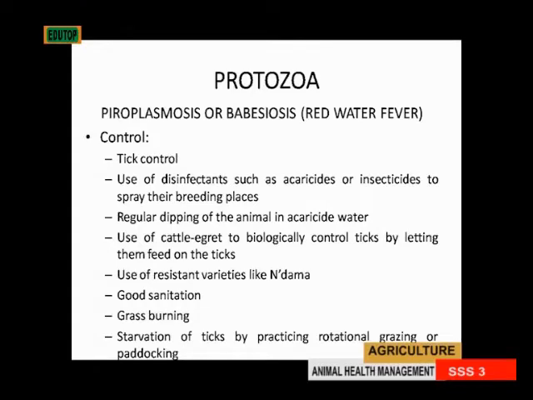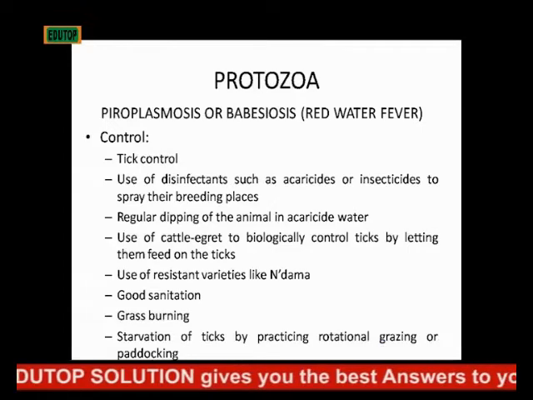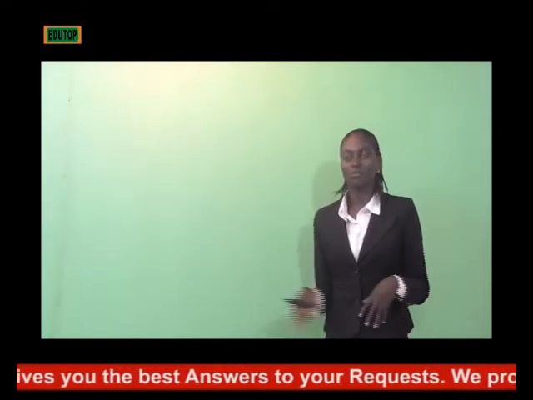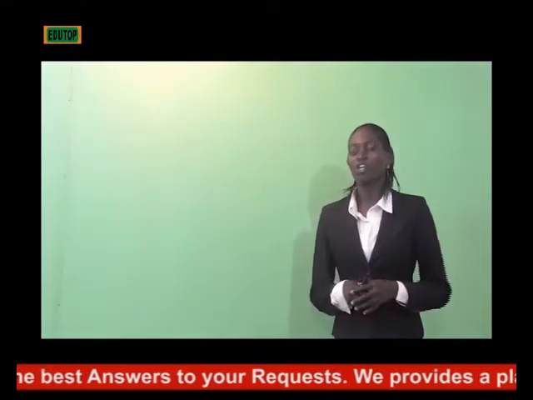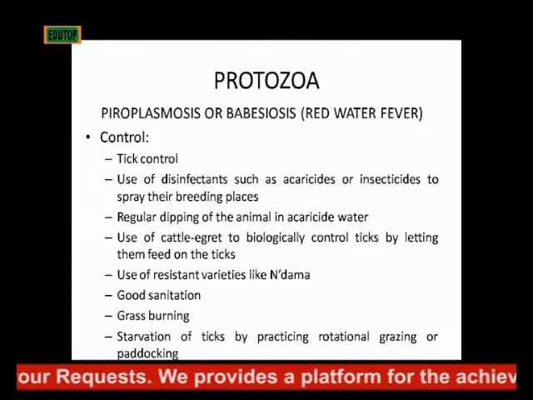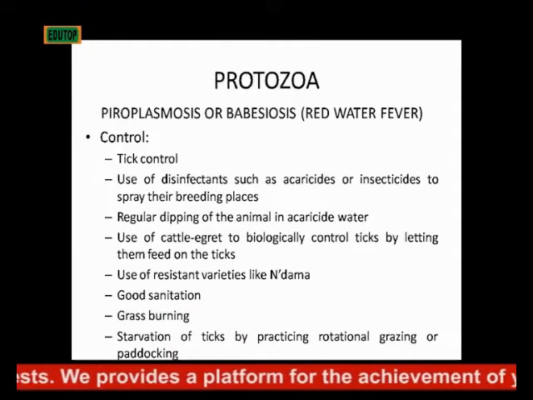The next is that you use disinfectants such as acaricide or insecticide. So you spray them on breeding places of ticks so that they don't affect your animal. Just disinfect them so the tick is not found in your animal house. Then you regularly dip your animals in acaricide water.